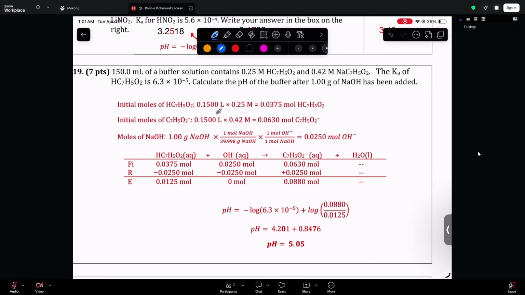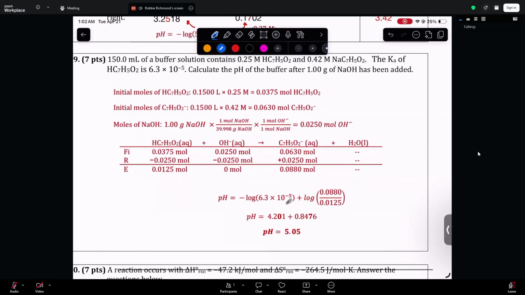Now, we're given Ka. We know our concentration in molar amount of our acid and its conjugate. This screams Henderson-Hasselbalch, very similarly to what this equation was saying here. And generally, I've noticed that if you're given a Ka value, most likely you're going to be figuring out the pH given the Henderson-Hasselbalch equation.